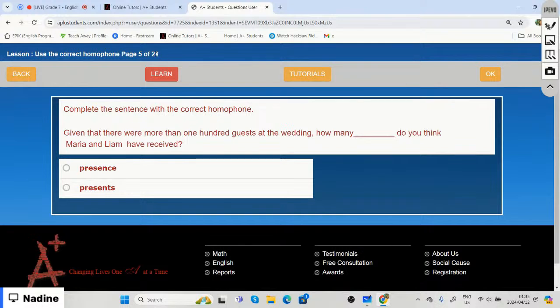All right. So, given that there were more than 100 guests at the wedding, how many do we say presents, meaning how many people were there, or how many presents, meaning the gifts that they brought, do you think Mariam and Liam have received?